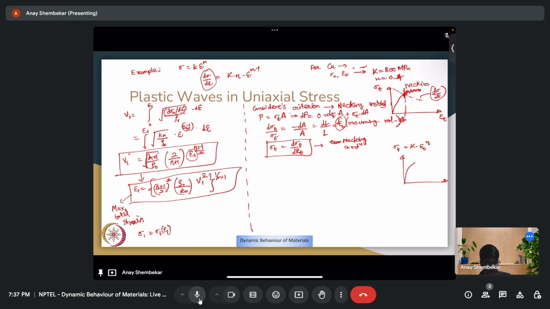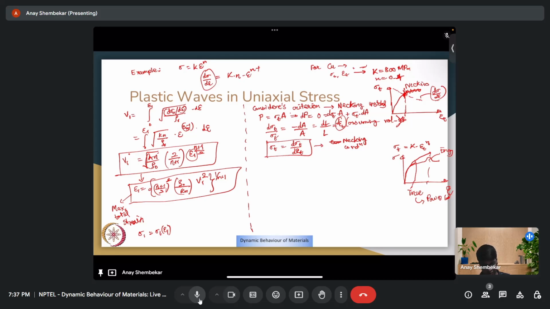You have an elastic region, then you have a yield point, a plastic region, a necking point, and so on. This is my engineering curve. But at the same time, you can draw a true stress strain curve. A lot of times the true stress strain curve can be represented using a power law, which is what we have written above.